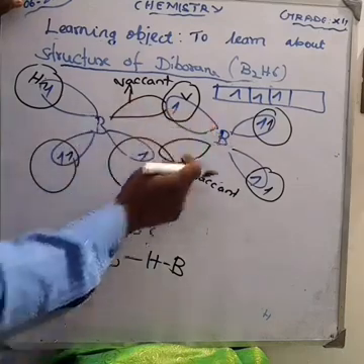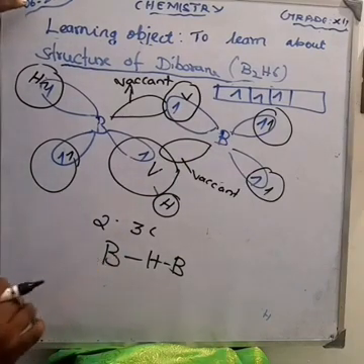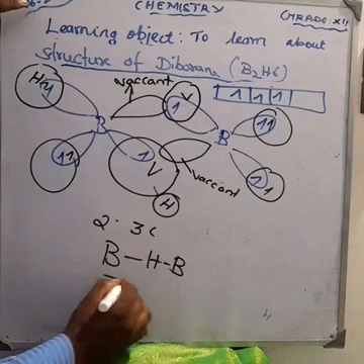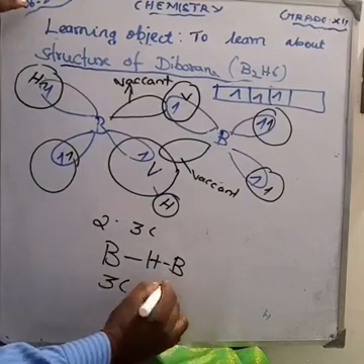Suppose you take boron to this hydrogen, it is 2 electrons; here also it makes 2 electrons. Hence these bonds are 3 center 2 electron bonds.